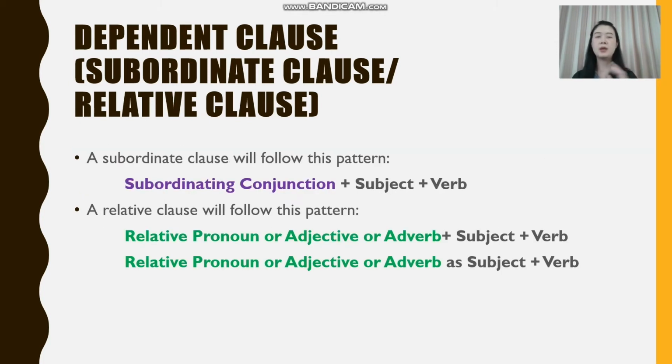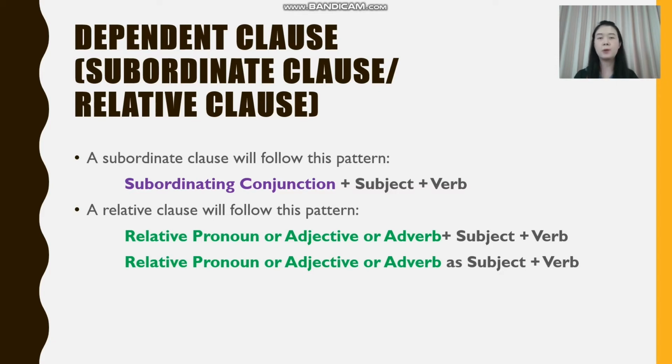Okay? And here is the pattern for each type of clause. If a subordinating conjunction introduces the clause, to be called a subordinate clause, it will be followed by the subject and verb. But for the relative clause, it's possible that after the relative pronoun, adjective, or even adverb, it will be followed by the subject and the verb.